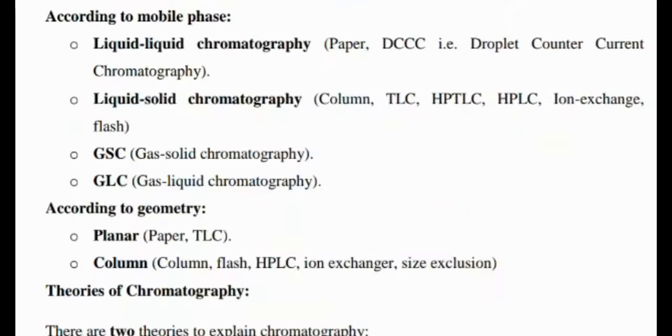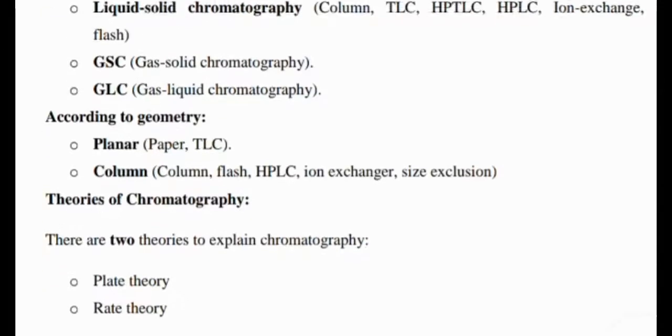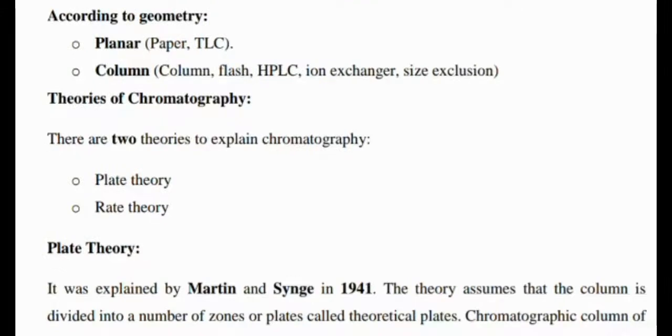Third is according to the mobile phase, including liquid chromatography, which includes paper chromatography and liquid-solid chromatography, which includes column, TLC, HPTLC, etc., then gas-solid chromatography, and gas-liquid chromatography. And another one is according to the geometry, which includes planar and column chromatography.